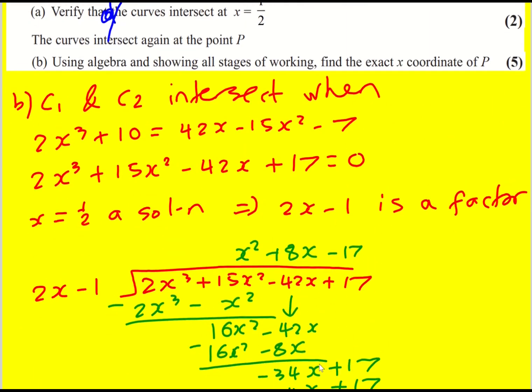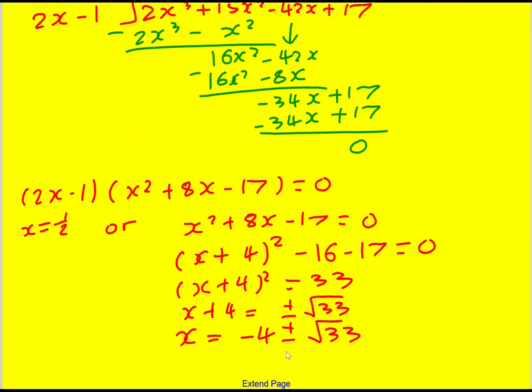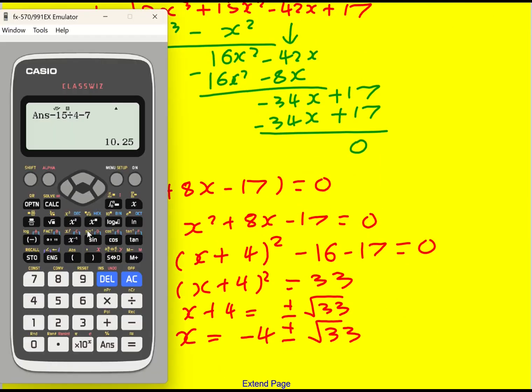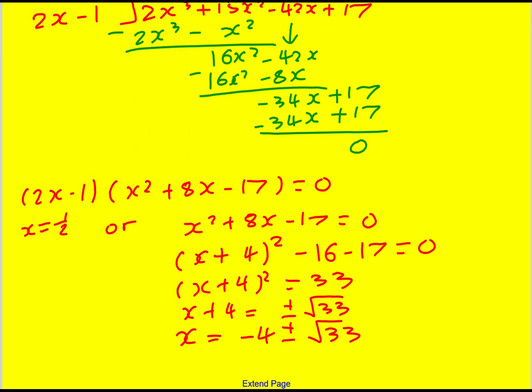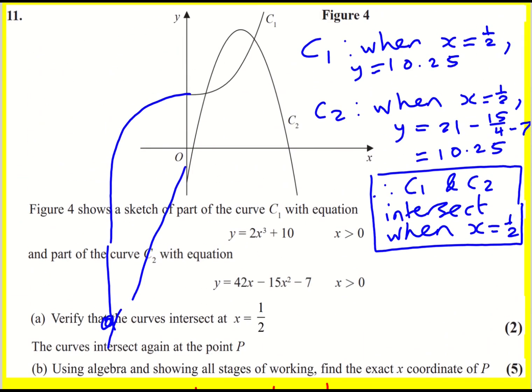Okay, and one of these is going to be negative, so I can ignore that one. So the other one is then minus 4 plus root 33, which in fact was the second one. So I've got a half here. I've got the negative one here, minus 4 minus root 33. But this is the one that I'm interested in, minus 4 plus root 33.